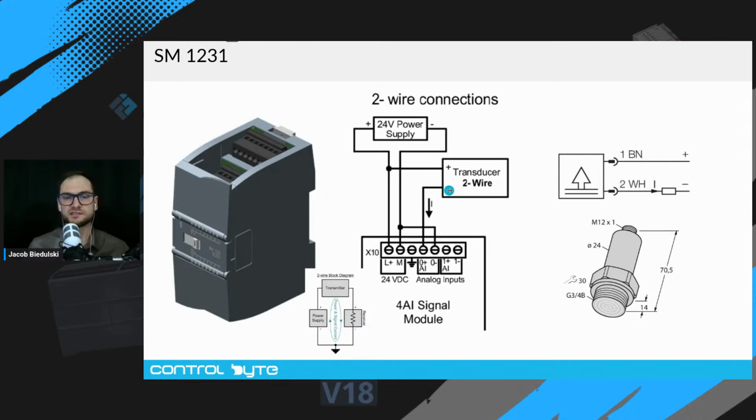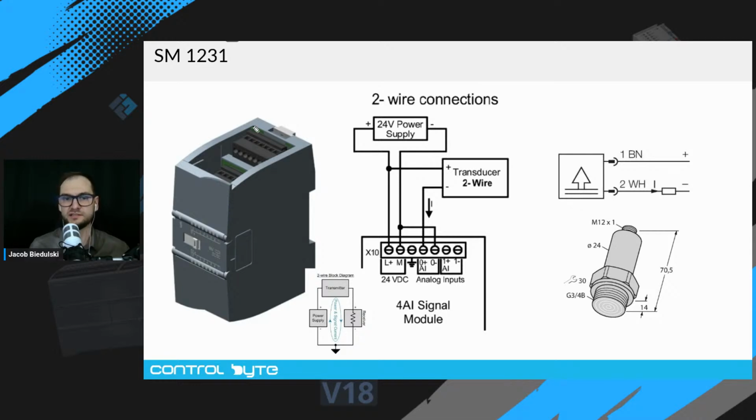This is a two-wire sensor, so the second connection provides the signal to the input channel. The second connection is designated with minus. Not always do you connect plus to plus and minus to minus. Sometimes you have to connect, for example, minus to plus.